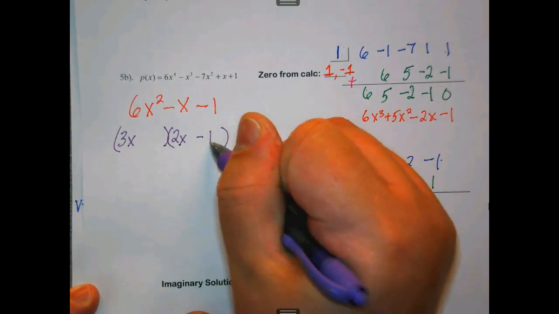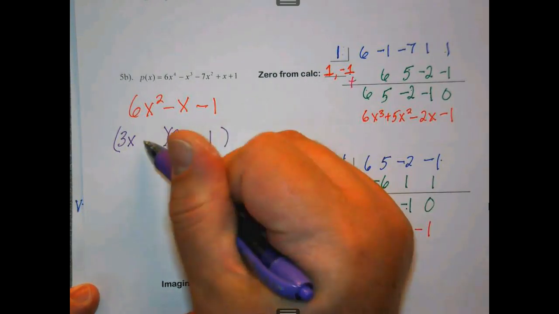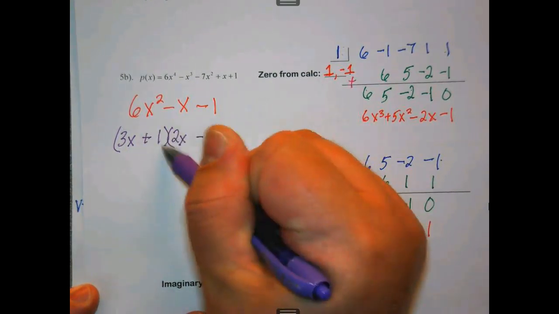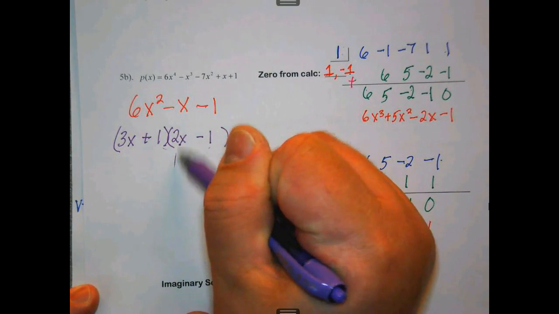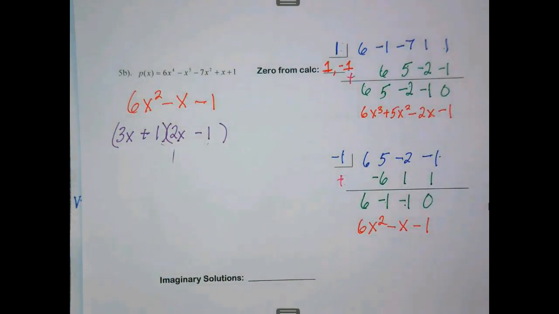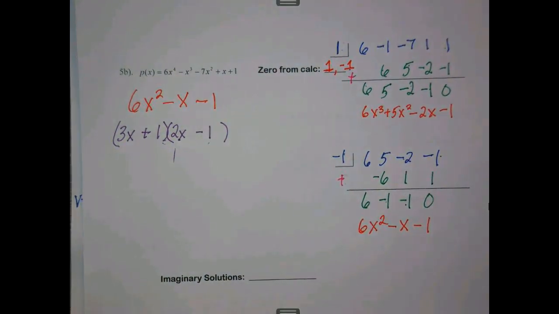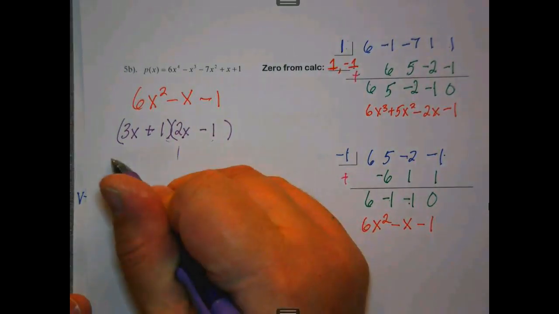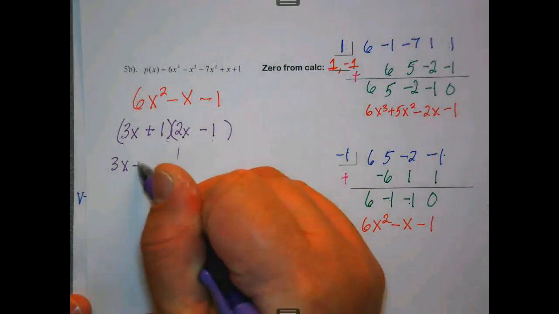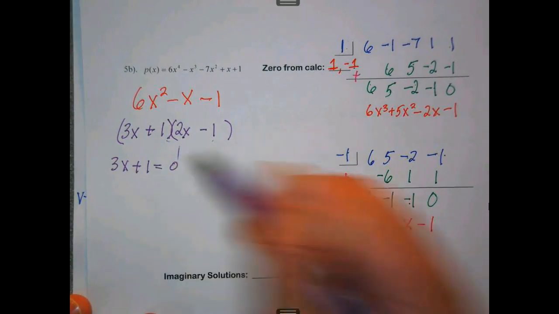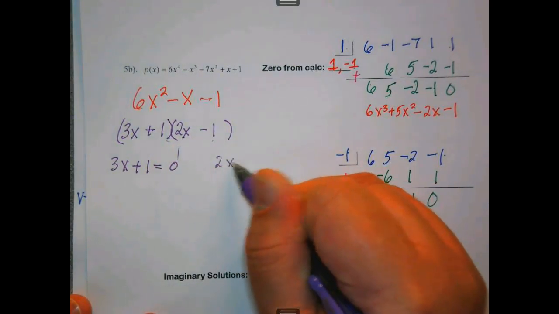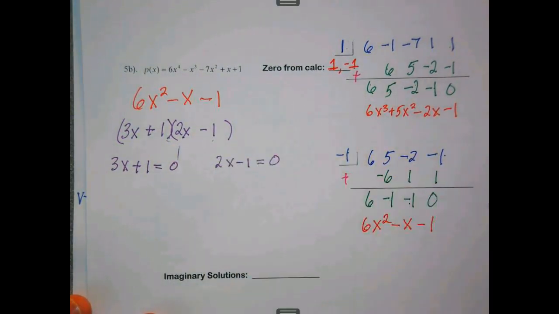Minus 1 gives me a -3, and a +2 gives me, when I add those together, my -x. So then I set each one of those equal to 0, and I solve for x.